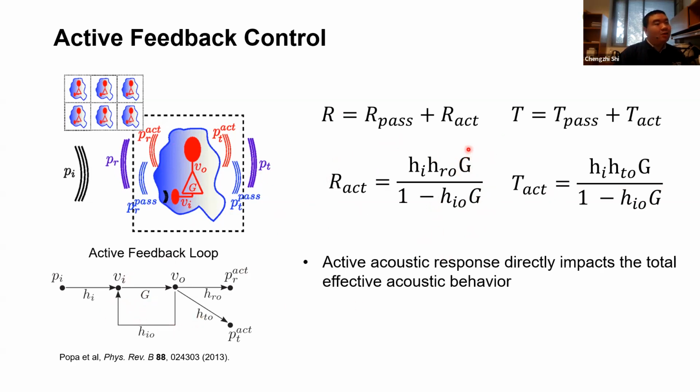So we can design this gain parameter in the feedback loop such that we can modulate the reflection and transmission. And once we modulate the reflection and transmission, we can achieve the effective medium parameters that we want.